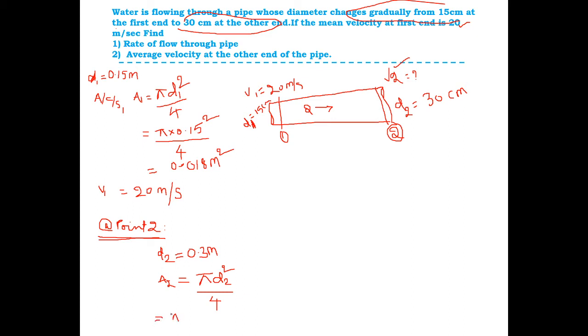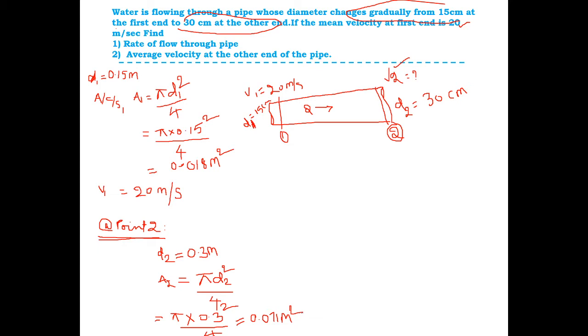Pi into 0.3 square by 4. What is the area at point 2? Just solve it. 0.071 meter square. Clear?